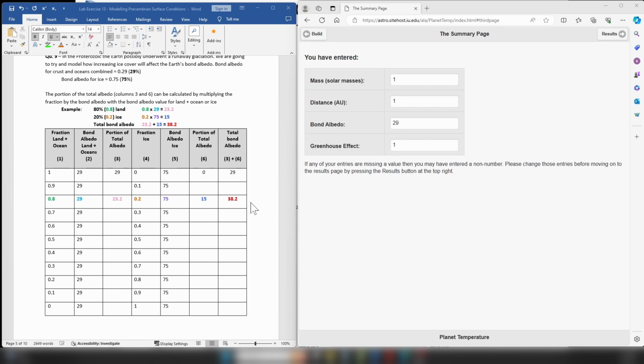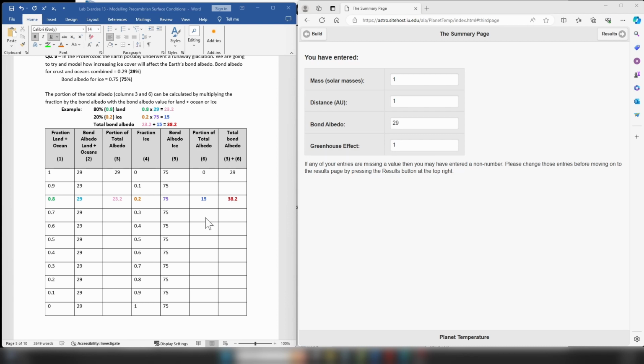And then finally, for column 7, we are going to produce the total bond albedo for the Earth if it is 80% continental crust and ocean plus 20% ice. And so to do that, we're simply going to add together 23.2 and 15, and that's going to give us a total bond albedo of 38.2, which is slightly higher than we have now.